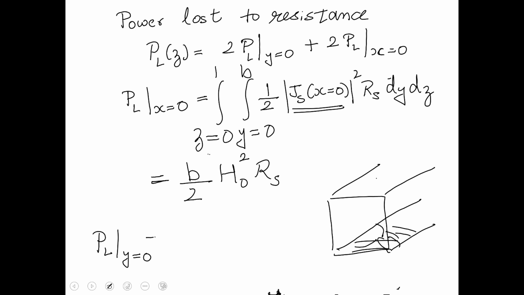So basically there were going to be two terms there. We would integrate it. Obviously we are integrating z from 0 to 1.